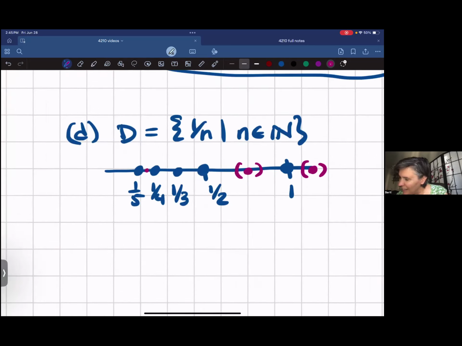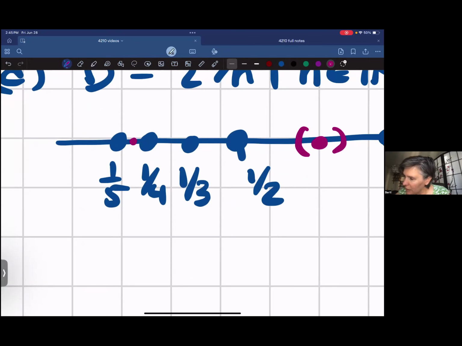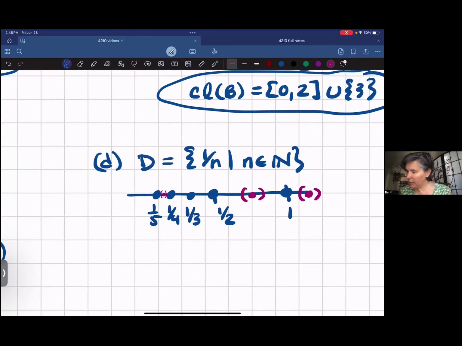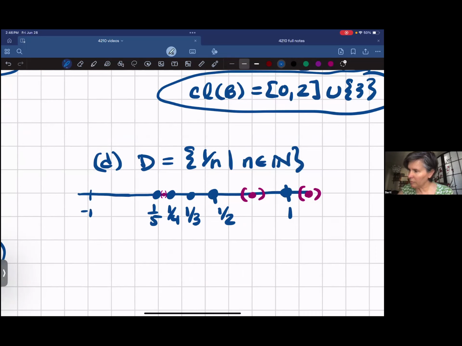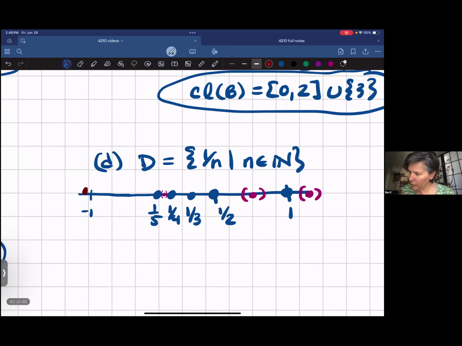If I zoom in, if my pen were smaller, I can make a little open interval around that point that doesn't touch either 1/5 or 1/4, doesn't touch D. What if I were to take the point -1? I can take an open interval around -1 that certainly doesn't touch any of the rest of those points. Okay. So maybe no points get added to the closure. Maybe D just is its own closure.